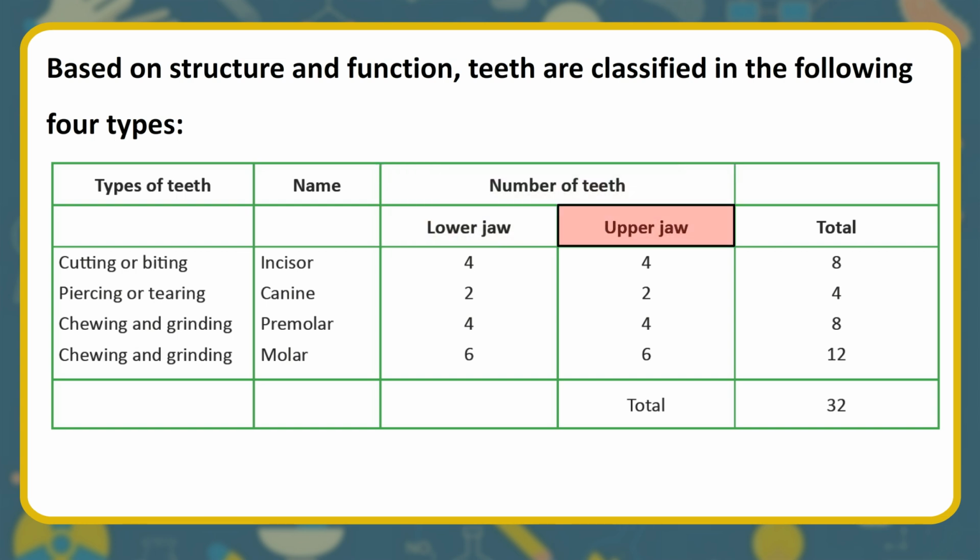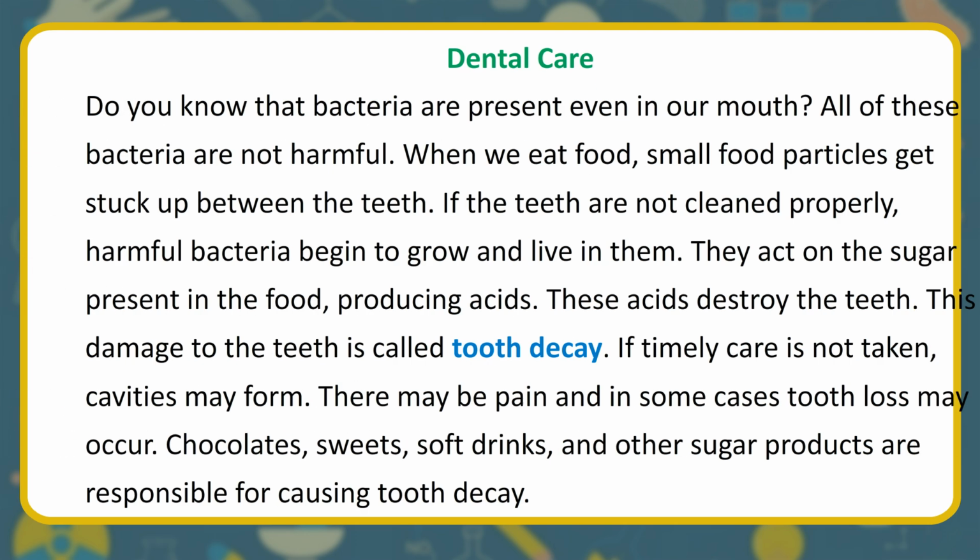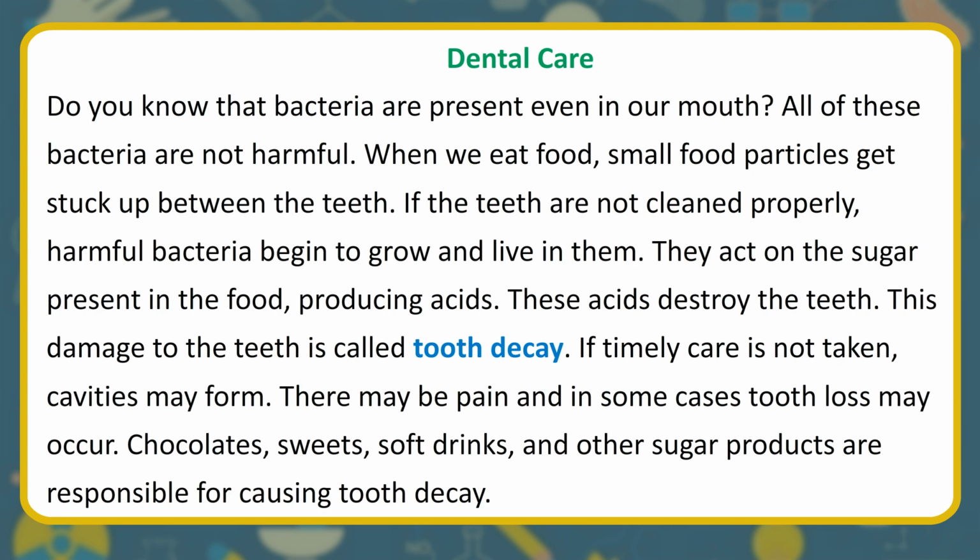Incisor, for cutting or biting: 4 in the lower jaw, 4 in the upper jaw, total 8. Canine, for piercing or tearing: 2, 2, total 4. Premolar, for chewing and grinding: 4, 4, total 8. Molar, for chewing and grinding: 6, 6, total 12. Total: 32. Dental care. Do you know that bacteria are present even in our mouth?